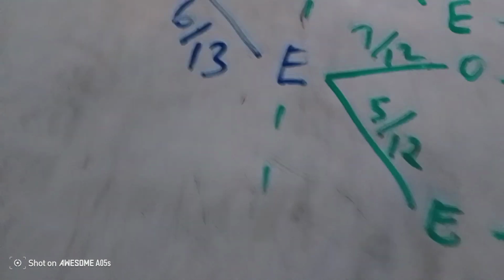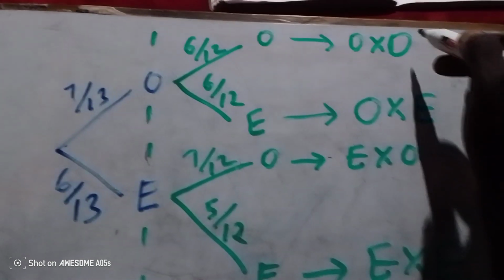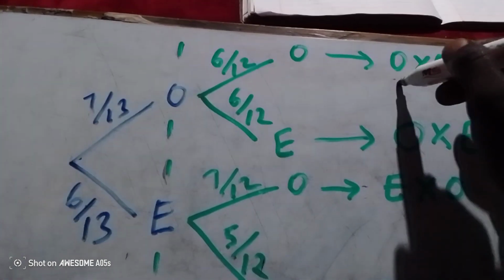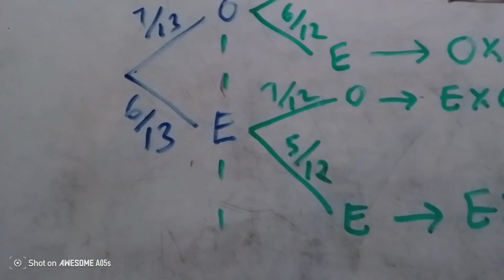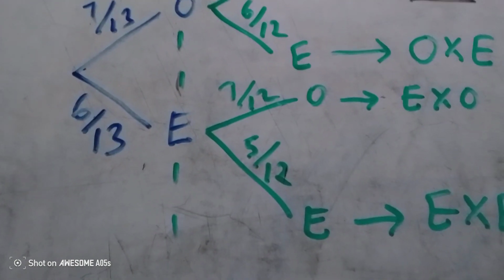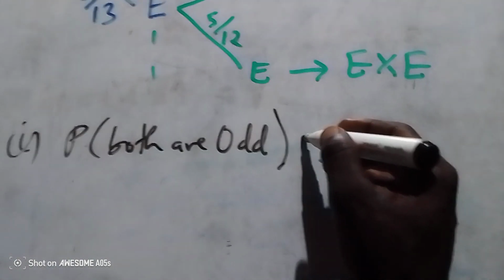Okay, so the first question is telling us to calculate the probability that both cubes are odd. So we go on our tree diagram and check where there is OO from the final results. Where are we having OO? It's only here. Then we'll say, number 1, probability that both are odd.